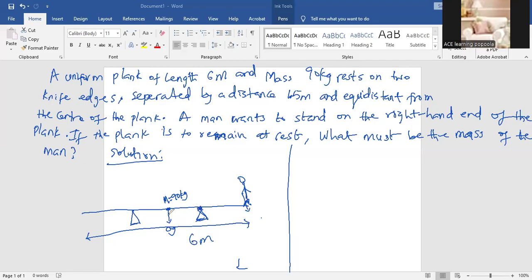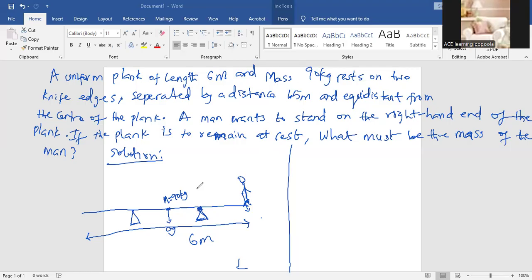After he's standing on the plank, the center of gravity is going to shift, so the plank must have a new center of gravity because we are adding a mass to the mass of the plank. The new center of gravity should rest at this point.